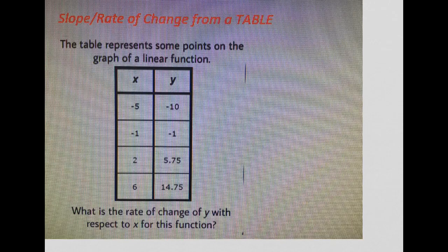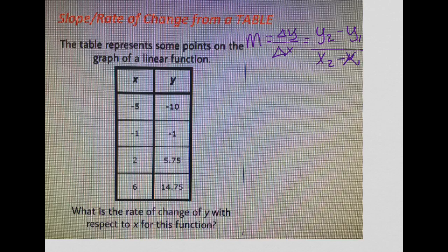I actually forgot to show you how to use the slope formula using the table, which I mentioned at the beginning, and I wanted to show you that. So remember, slope is change of y over change in x, which is what we just used, but you can also use the slope formula y2 minus y1 over x2 minus x1.